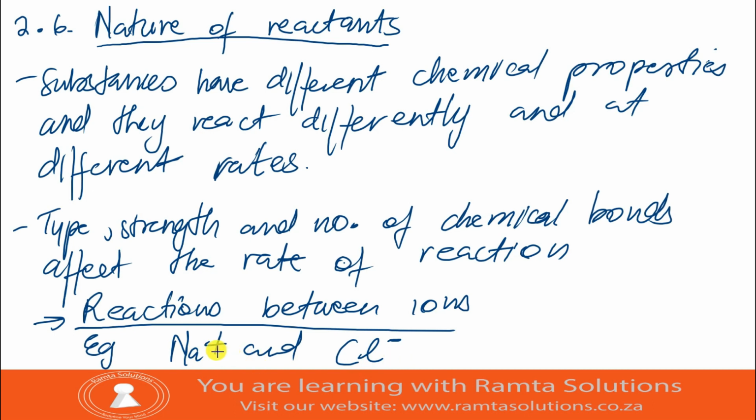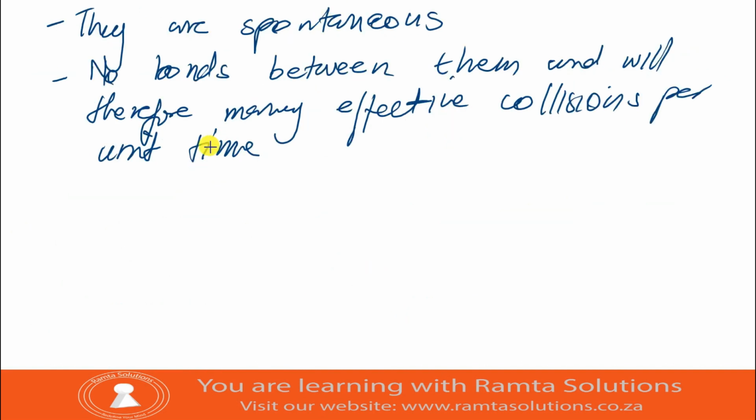But with sodium ions and chloride ions, because there are no bonds between them, it's easier to form a new bond. Coming from sodium chloride to its ions will not be easy. Hence, we're saying the reaction between ions is spontaneous.